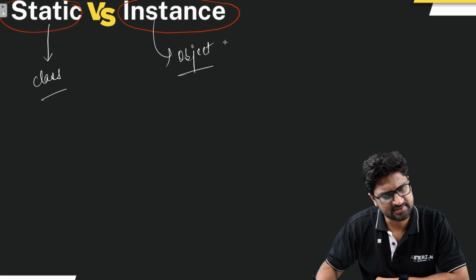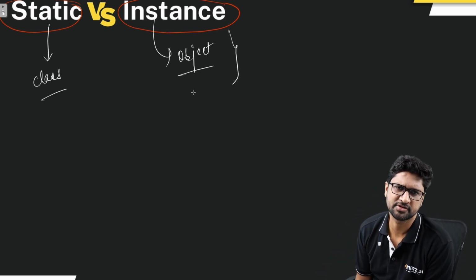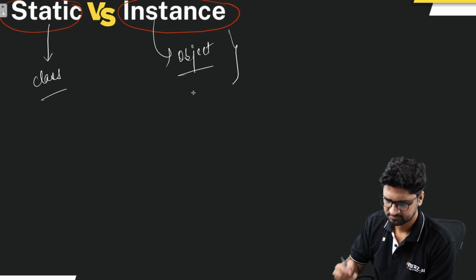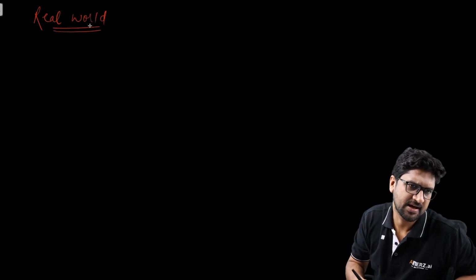Now since we are getting started with the OOPS concept, let's first understand the difference between the class and the object. If we have to solve the problems of the real world, there are two challenges. The first challenge is that the real world comprises real world entities.